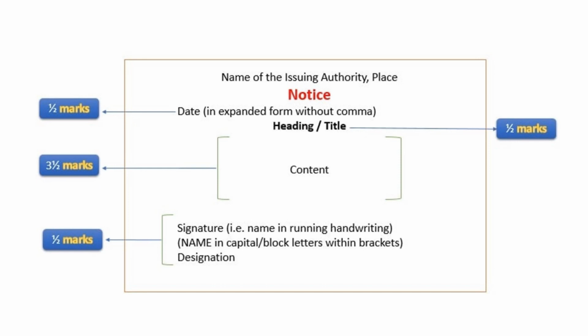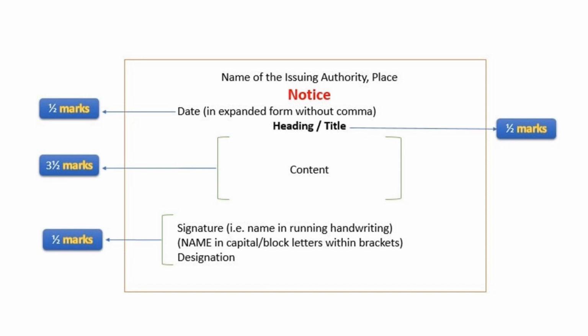Then comes the notice, and it should be written in capital letters. Then comes the date, and the date should be written in the expanded form without comma. It carries half mark. Then comes the heading or the title. The heading or the title should be very short and precise.